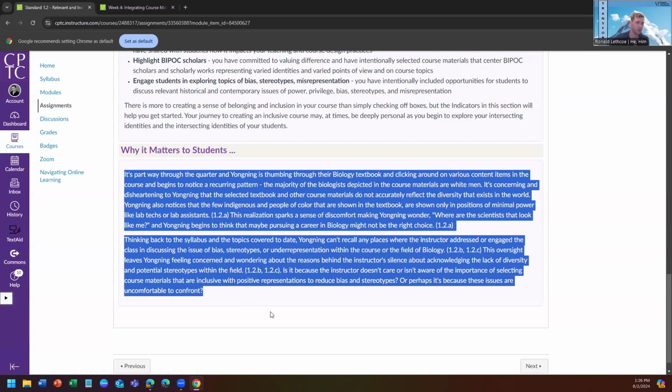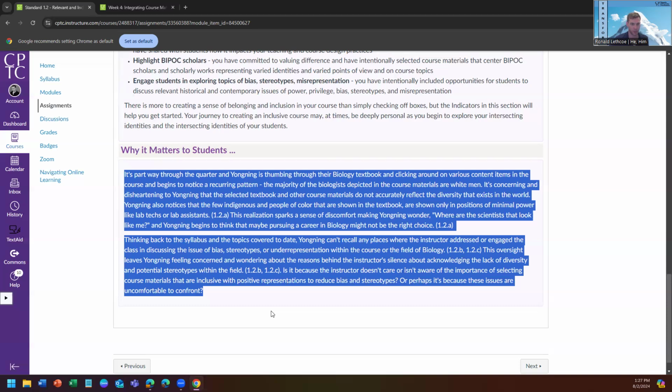It's partway through the quarter, and Yongning is thumbing through their biology textbook and clicking around on various content items in the course and begins to notice a reoccurring problem. The majority of the biologists depicted in the course materials are white men. It's concerning and disheartening to Yongning that the selected textbook and other course materials do not accurately reflect the diversity that exists in the world.